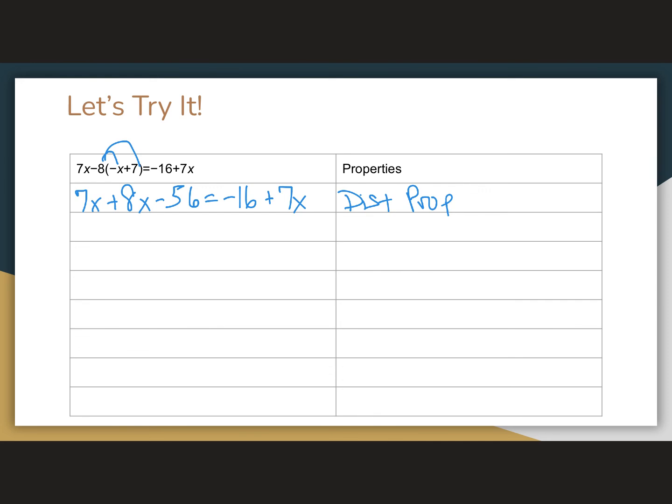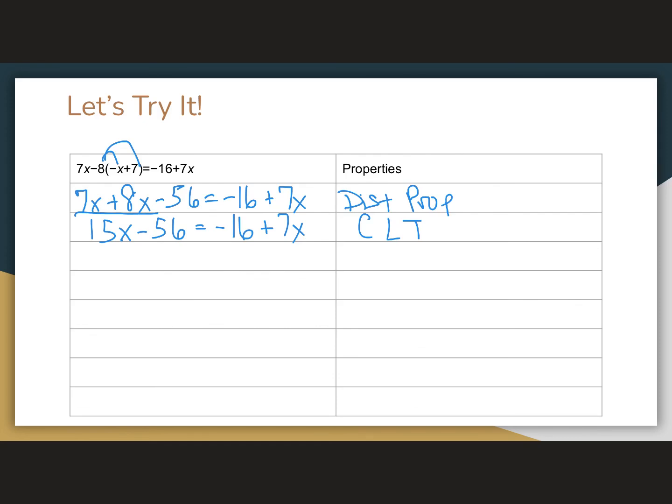So I'm going to combine my like terms. In this case, I can combine those. I get 15x minus 56 equals negative 16 plus 7x.